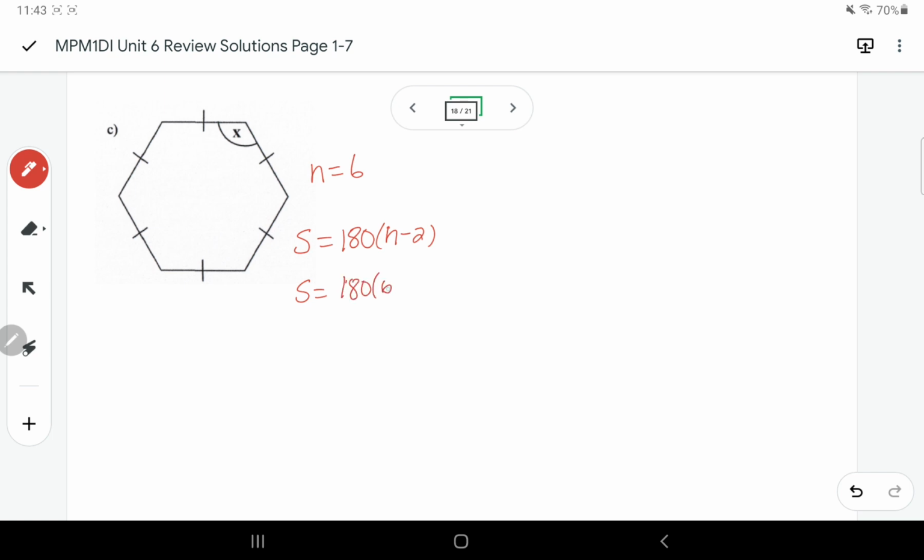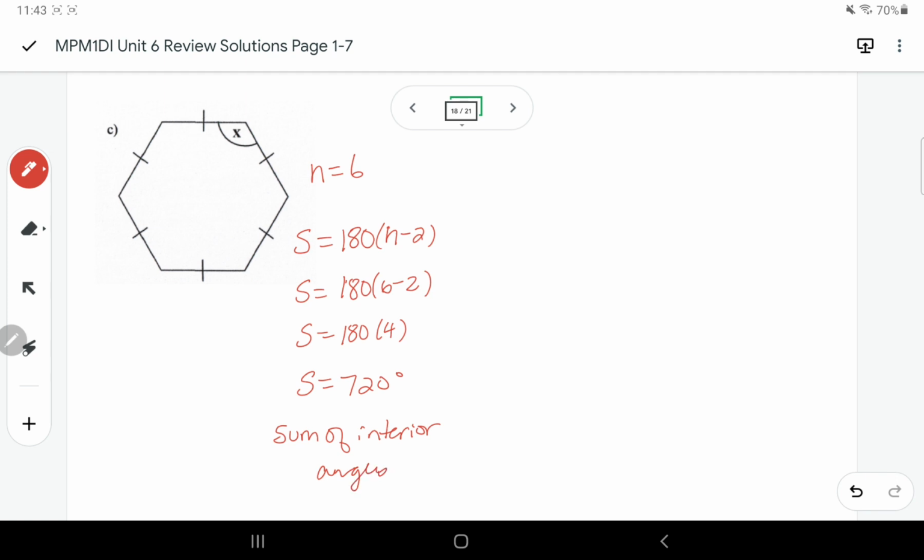So 180 times 6 minus 2, which is 4. So my sum is 720 degrees. And that was the sum of interior angles. That's the rule that I used.